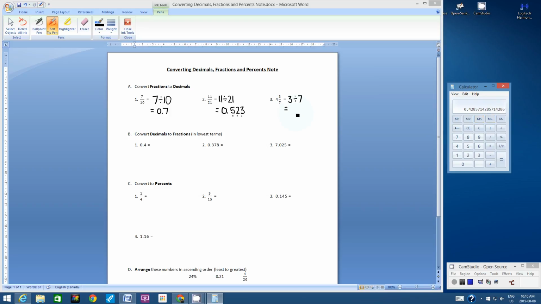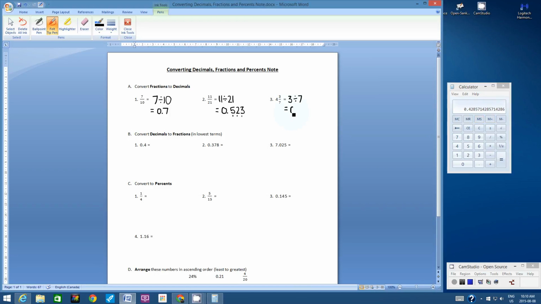So let's use the rule, 3 decimal places. So we have 0 in the ones column as a placeholder, 428. Okay, now before you think we're done, there's still one more step. Remember how at the beginning we said we're going to ignore the whole number? So now we're going to bring the whole number to fill the ones column.